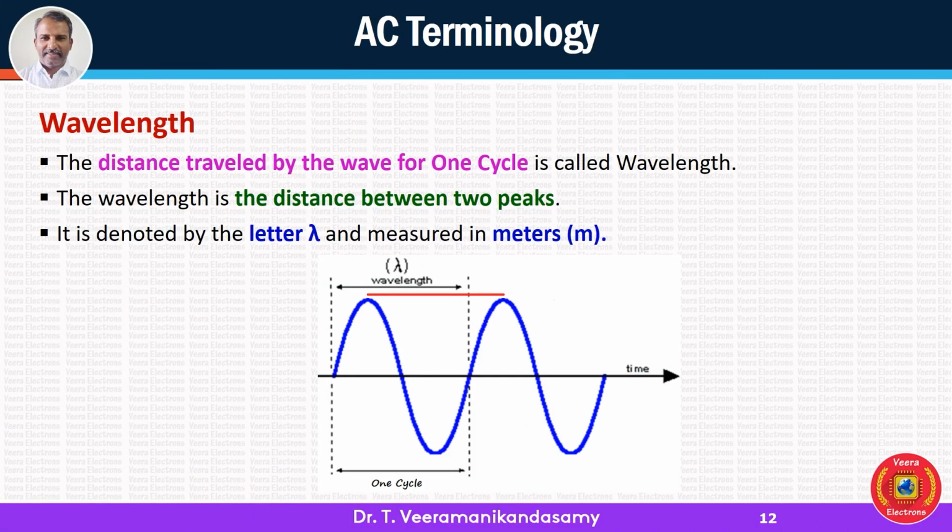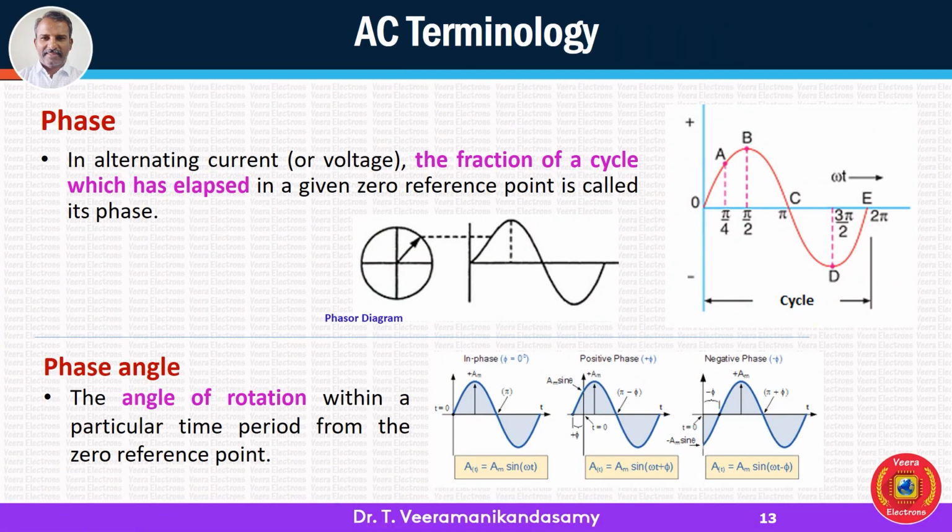The wavelength, denoted by the Greek letter lambda and measured in meters, is the distance traveled by the wave for one complete cycle. It can also be described as the distance between two consecutive peaks on the waveform. Phase and phase angle.